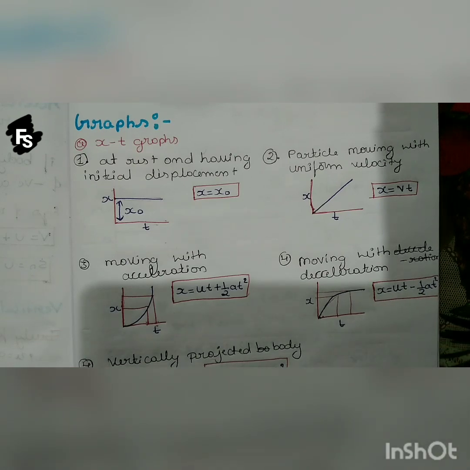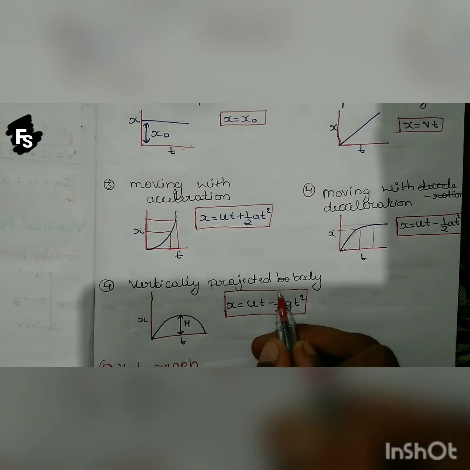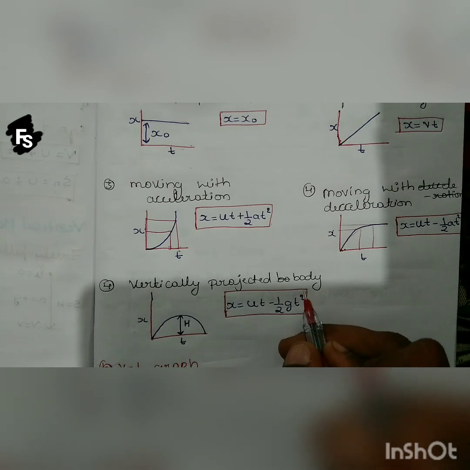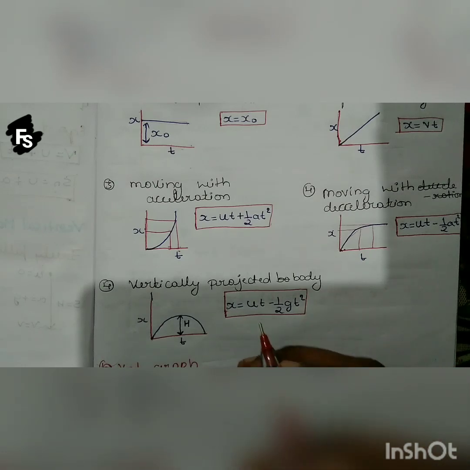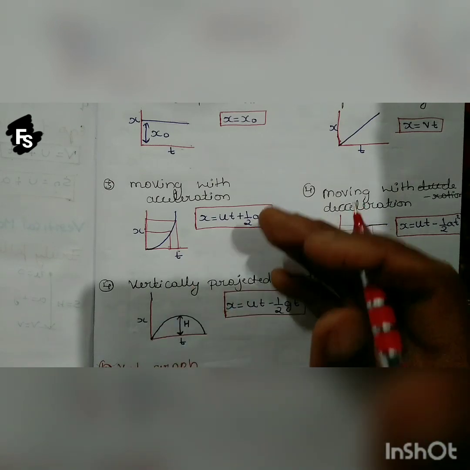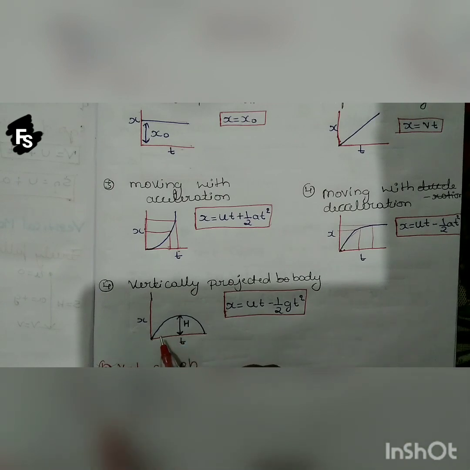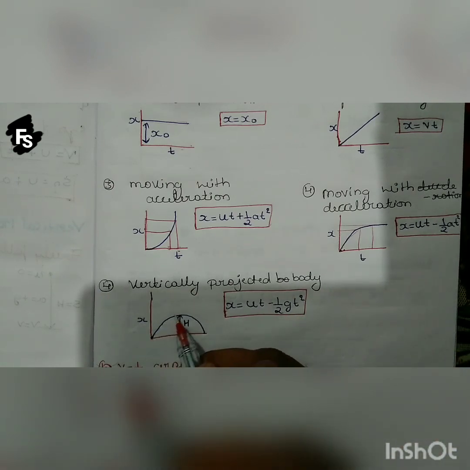Then we move to the fourth graph, vertically projected body. For example, you throw a ball towards your friend who is sitting on the other side of the ground. How does the ball travel? The shape will be like this, traveling in this direction.